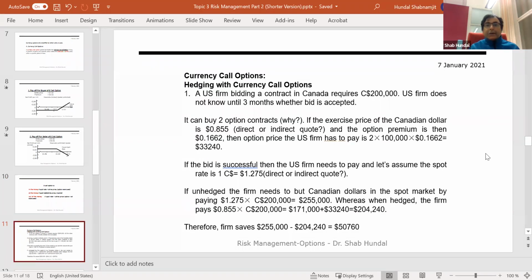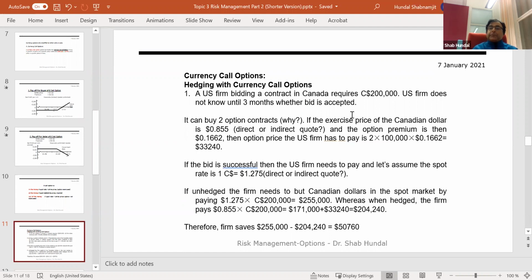Okay, so we do one example now with the call option contracts. The wording is, a US firm is bidding on a contract in Canada. It could be a factory in Canada which a US firm is planning to bid on.